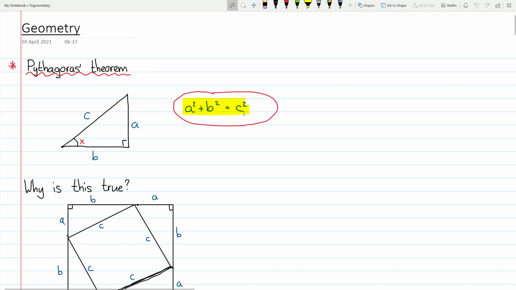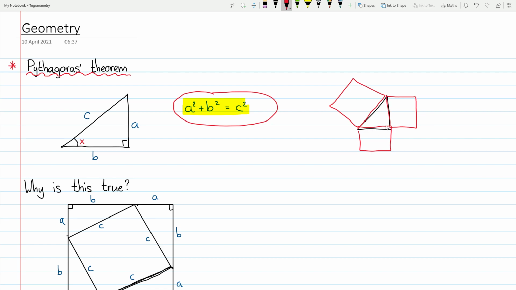So I'll start with Pythagoras' theorem, somewhere familiar to all of you. This just simply states that given any right triangle, the square of the hypotenuse is equal to the sum of the other squares. You might have seen this more geometrically, if you have a square here, and then a square here, and then a square here.